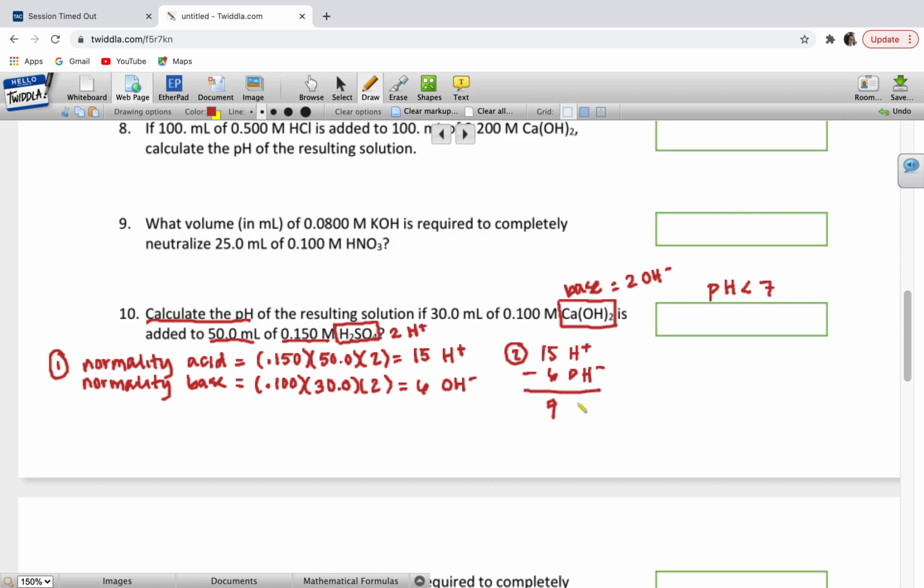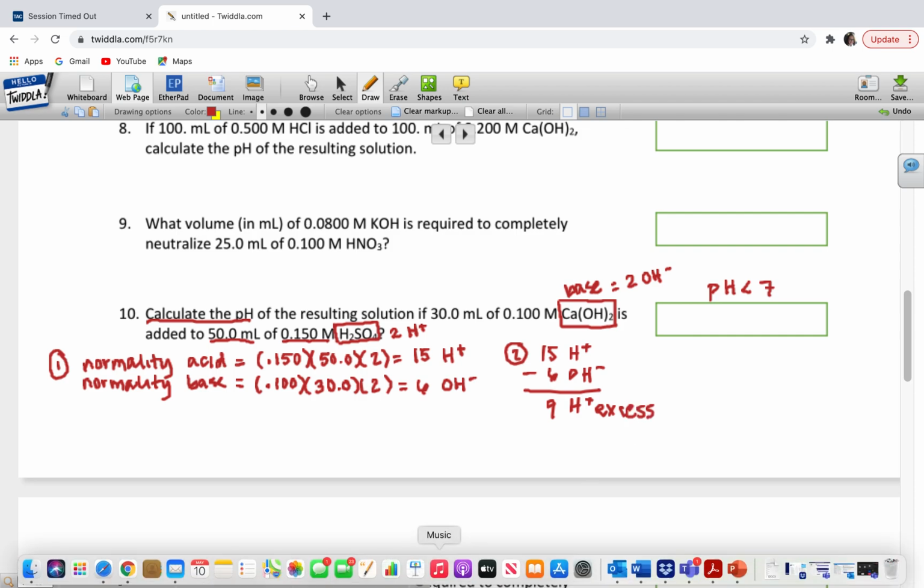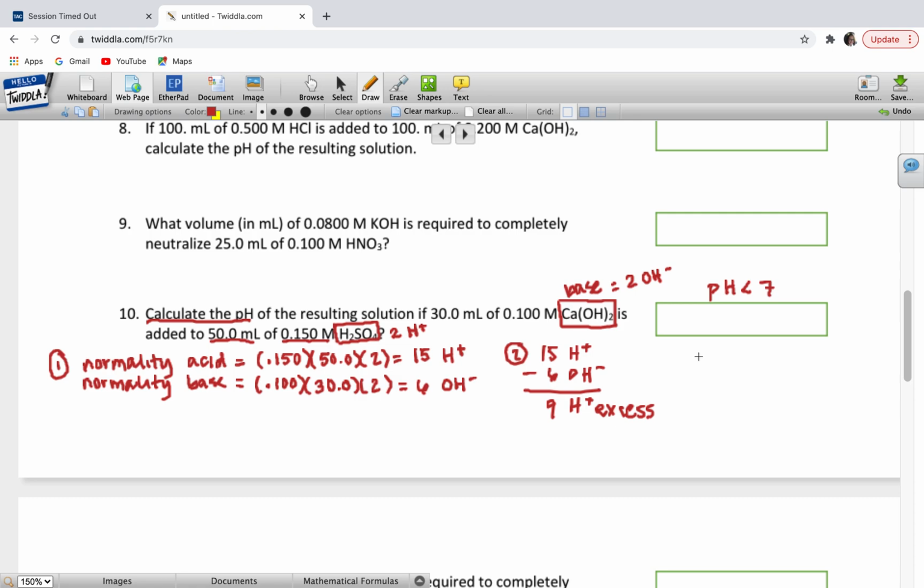What I have is 9 hydrogen in excess. I have an extra 9 acid parts floating around in my solution. Okay, the hydroxide reacted until there wasn't any more hydroxide, but I still have 9 hydrogen in excess.